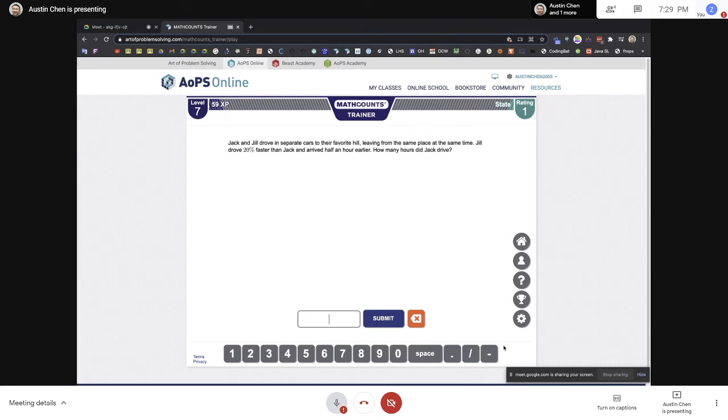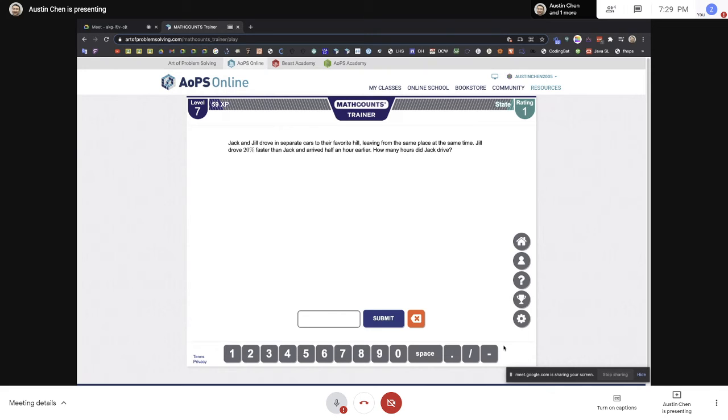And it says they arrived half an hour earlier, so I can equate this to 1/2 if my units are in hours. Then I can solve for x, and I get that it equals 1/3, I think.